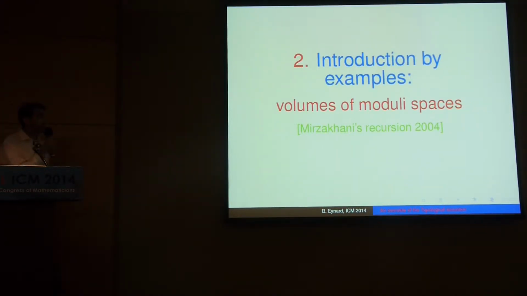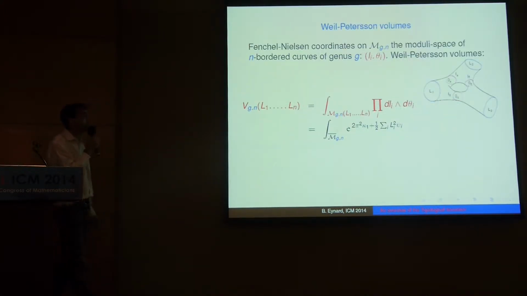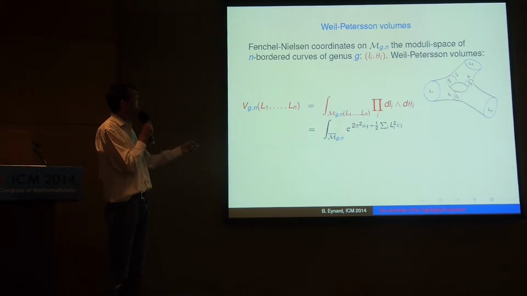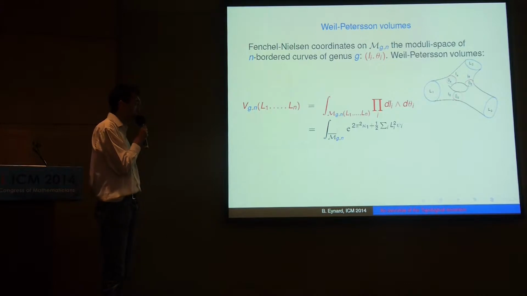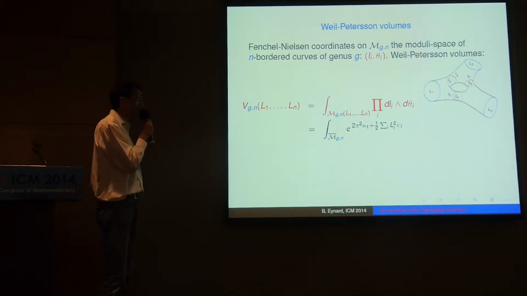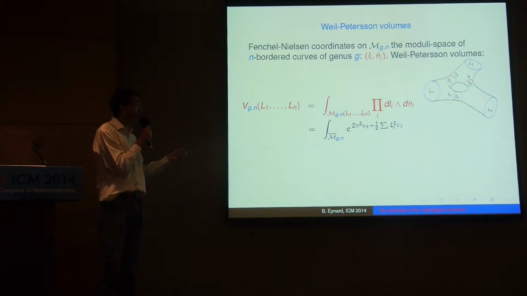The example will be Mirzakhani's recursion. So let's consider the moduli space of genus g Riemann surfaces with n boundaries. So a Riemann surface with n boundaries of some genus. M_{g,n} is the space of all such Riemann surfaces. There is a set of local coordinates, called Fenchel-Nielsen coordinates, on M_{g,n}, which are defined as follows.